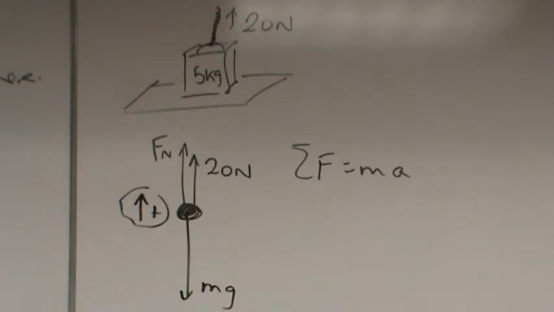I'm going to walk around and help you. Okay, but what is a? Oh, it's 0, okay. Got some crazy math going on though, because if that's minus mg, you're going to put it on the other side of the equation.